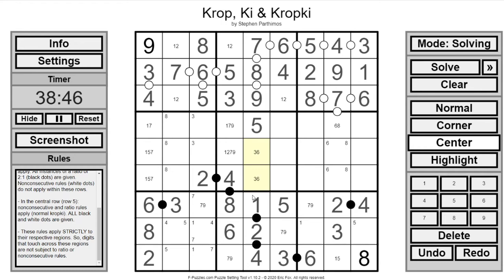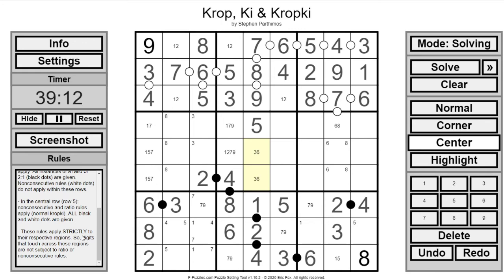Not sure how important that 3-6 pair is gonna be. But the 5 should restrict some other numbers, right? This, I'm really unsure about.